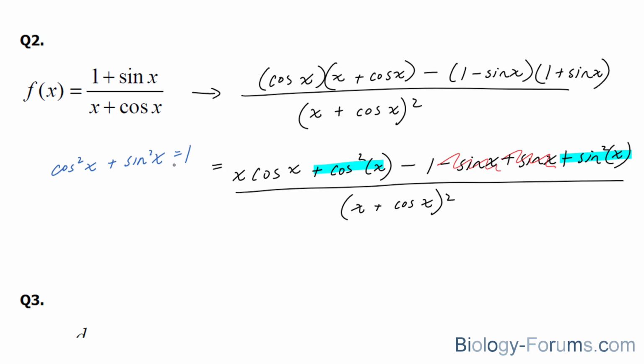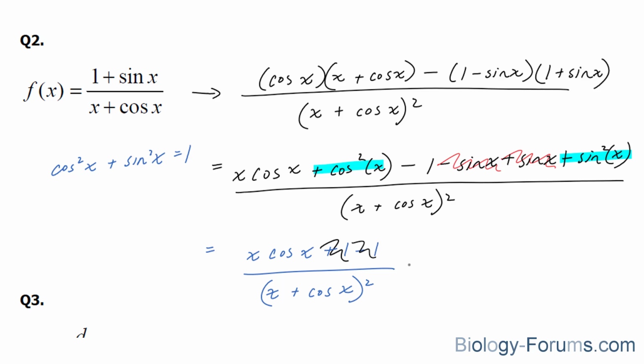So we can replace that with 1. Let's do that in the next line. x cosine x plus 1 minus 1 over x plus cosine x squared. You can cancel these two out, and you're left with your final answer as x times cosine x over x plus cosine x to the power of 2.